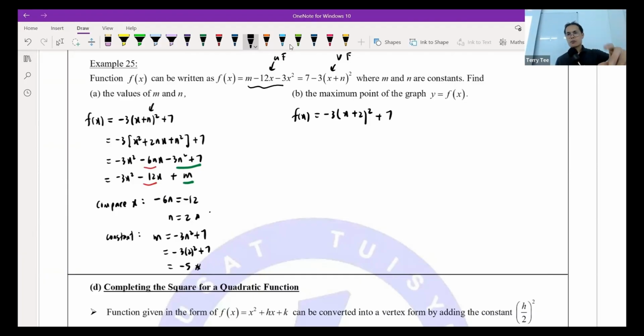So when you write in this form, you can tell that your a is less than 0, your f(x) has a maximum, and the maximum value is 7. Now, this is 7 when the one inside the bracket is 0, x is minus 2. So can you write this coordinate? You're supposed to write the coordinate of the maximum point as x followed by y: minus 2 and 7.